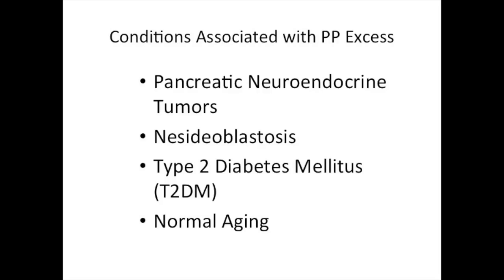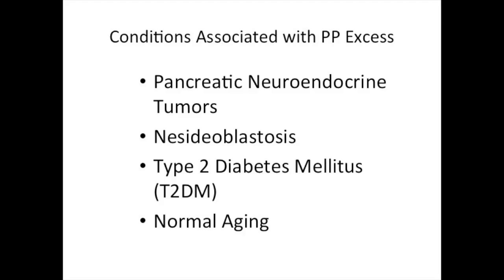We also know that PP excess is associated with type 2 diabetes, particularly type 2 diabetes associated with obesity. And these are studies that go back to studies done at the University of Michigan by Aaron Vinik and his co-workers.